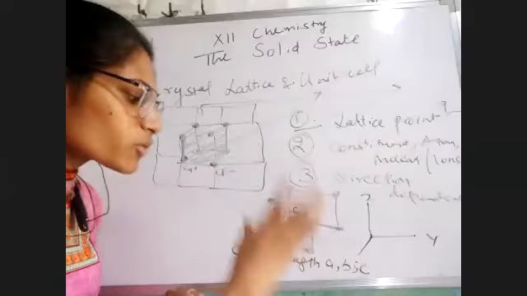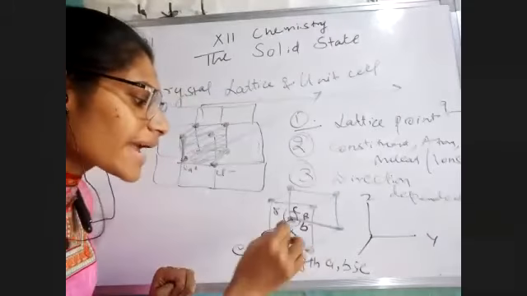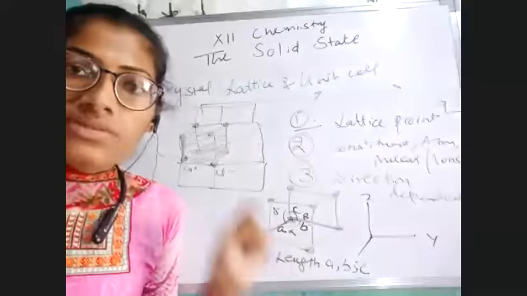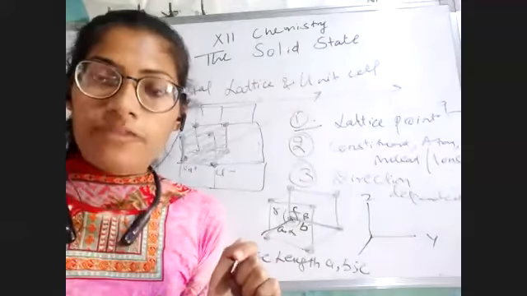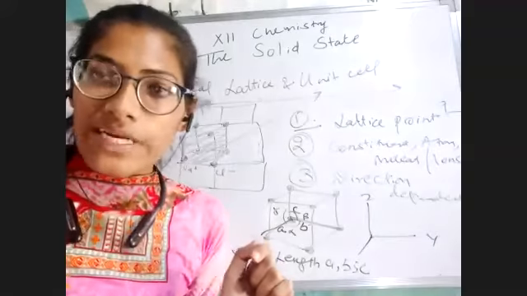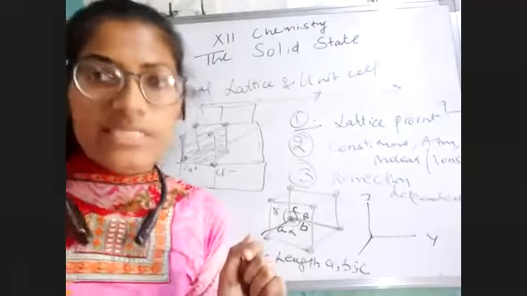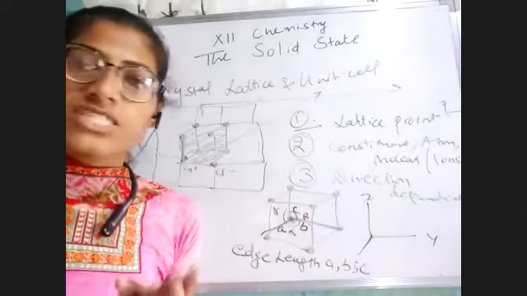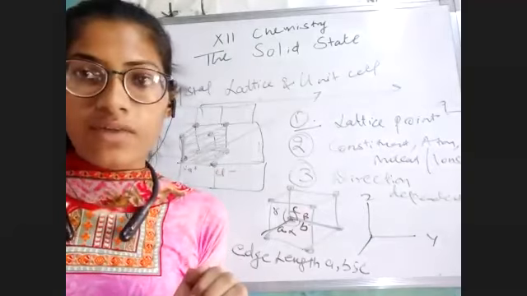Based on the edge lengths A, B, C and the different angles alpha, beta, gamma, we have different types of unit cells and different types of crystal lattice known as Bravais lattices. There are basically 14 Bravais lattices, but we just want to study 7 different types of arrangement of lattices.